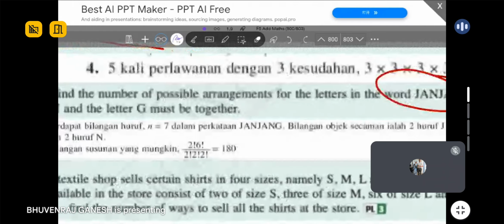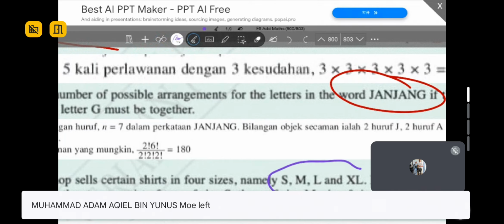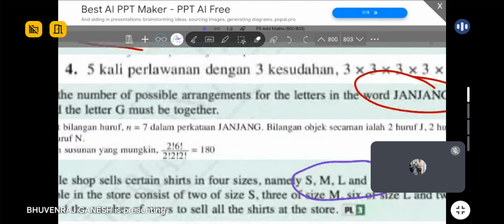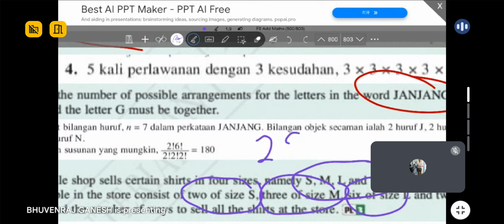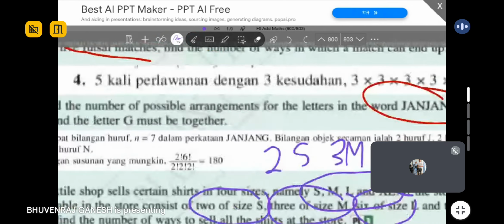Okay, so for this question, they say got 4 sizes. So these are all the 4 sizes: S, M, L, XL. And they say a store, satu store, dia ada 2S, 3M, 6L, and also 2XL.